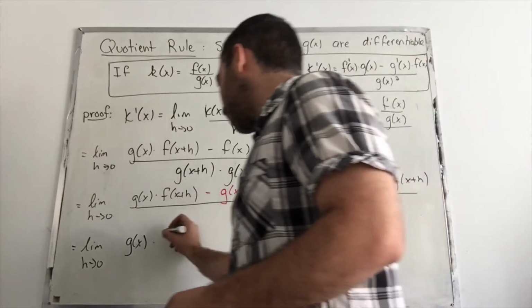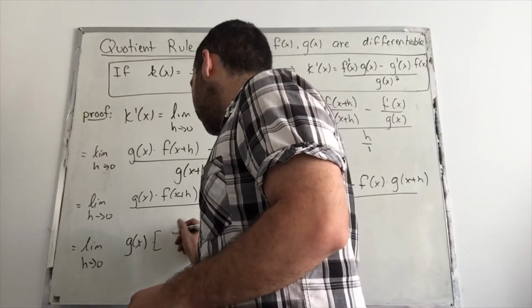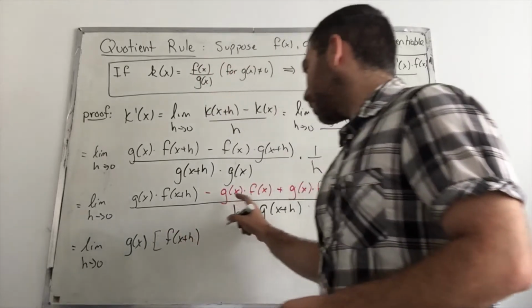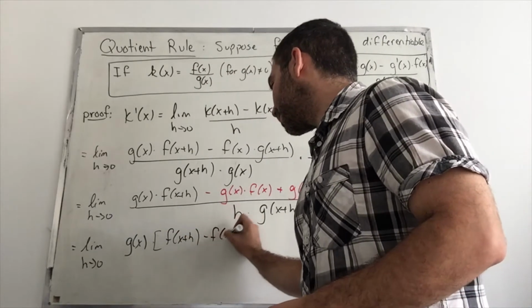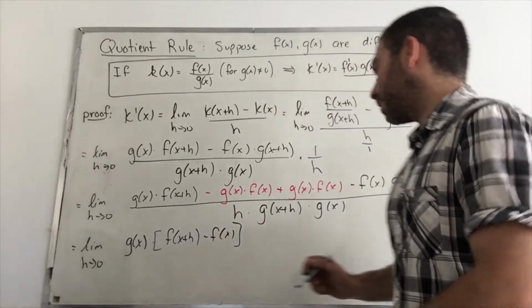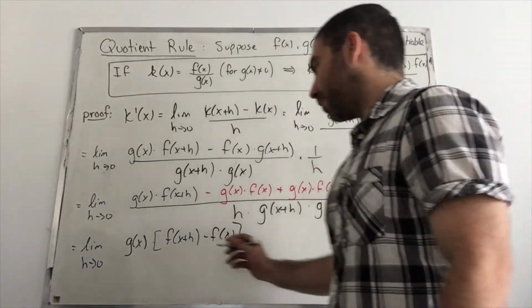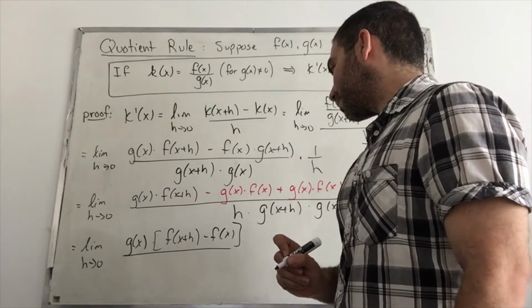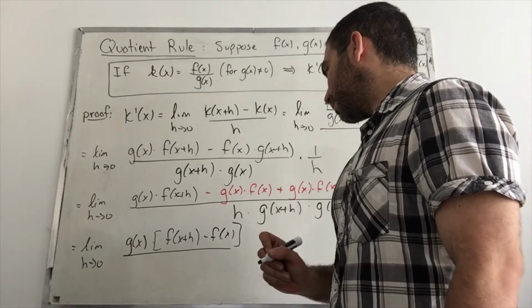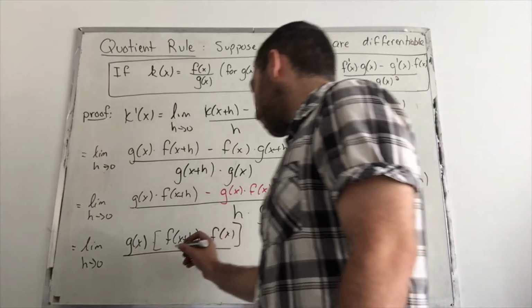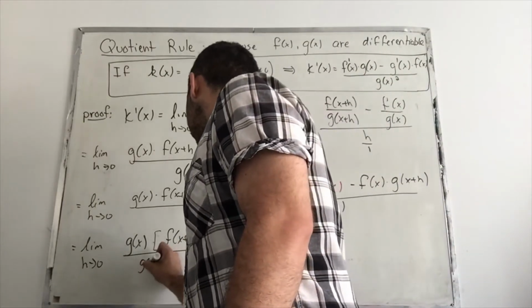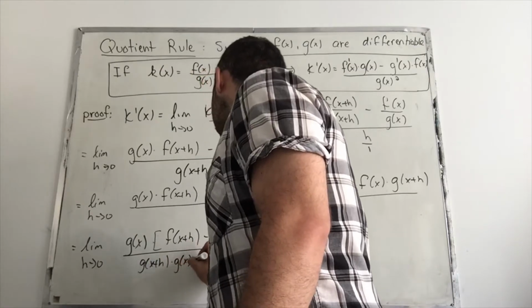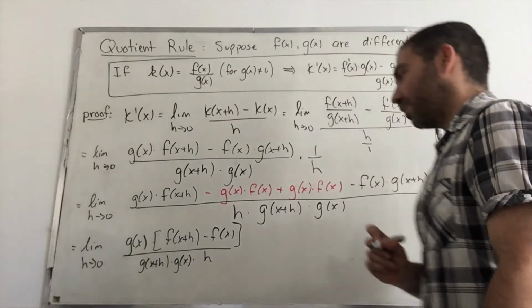And we're left with f of x plus h minus f of x. And then I'm going to divide it by the whole bottom here. Okay.